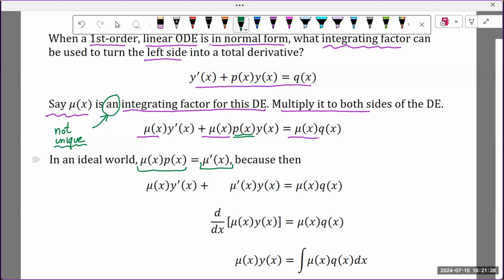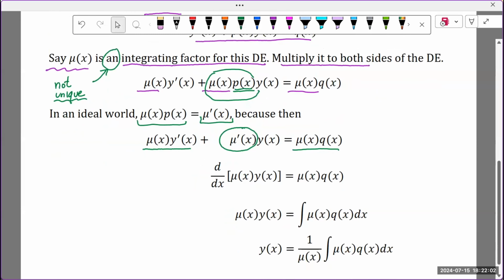Let's take our mu of x times y prime from above, and we are going to add that to, now this mu prime is replacing our mu times p. So if I've got a function so that the function mu times my function p actually equals its first derivative, that is going to make everything collapse in a way that is particularly convenient for us.